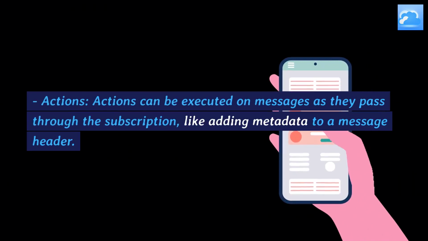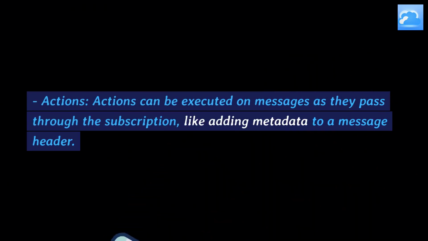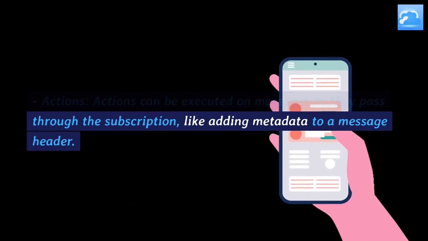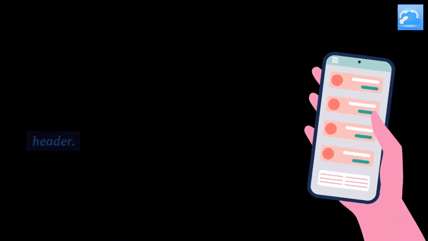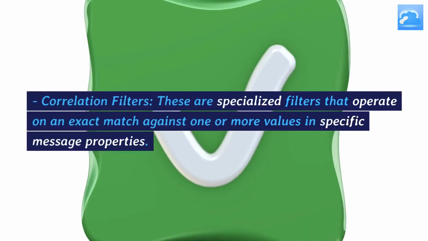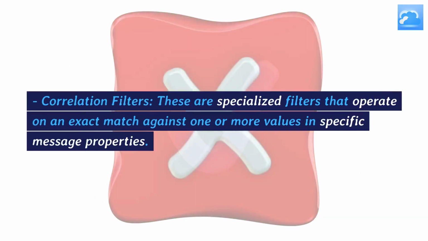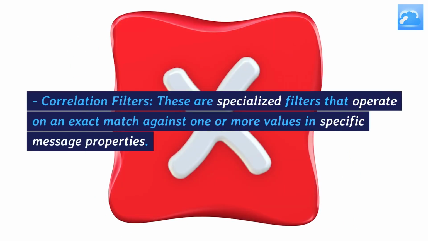Actions. Actions can be executed on messages as they pass through the subscription, like adding metadata to a message header. Correlation filters. These are specialized filters that operate on an exact match against one or more values in specific message properties. Dead lettering.